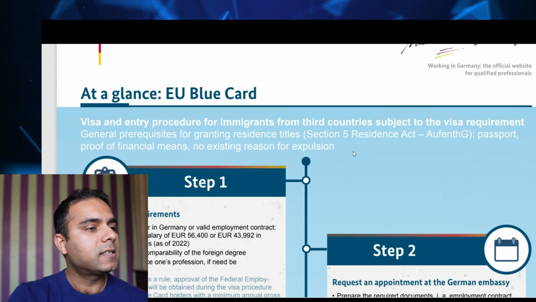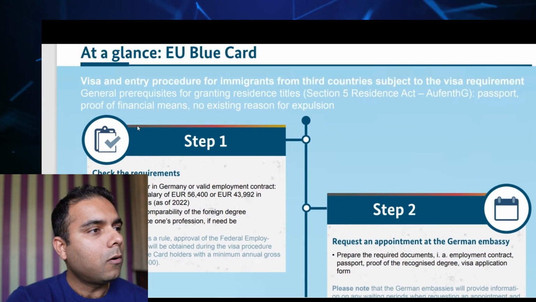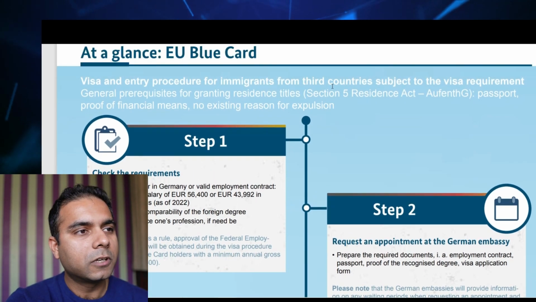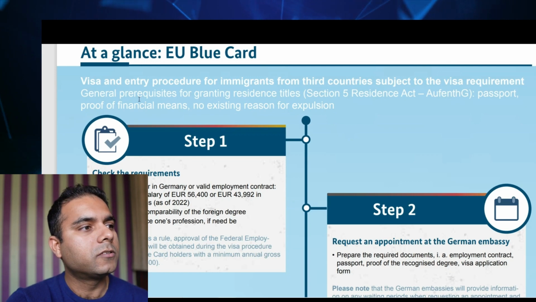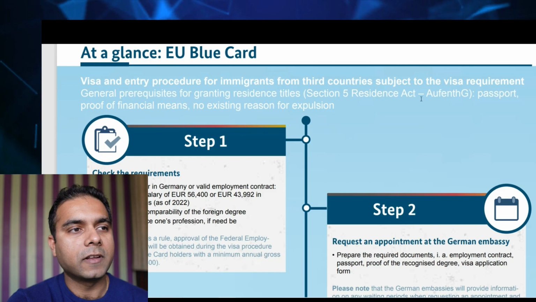Alright, so let's see what is step number 1. Now, visa and entry procedure for immigrants from third countries subject to visa requirement, general prerequisites for granting residence titles, that is section 5 of the Residence Act.